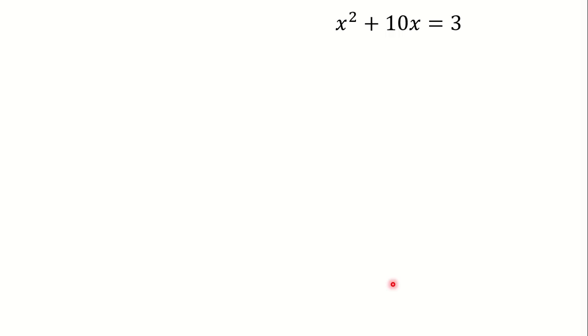Given the quadratic equation x squared plus 10x is equal to 3. So, kapag nagsusolve tayo ng quadratic equation gamit ang completing the square, dapat nasa ganitong format siya. Okay? Yung constant term natin nasa right side.